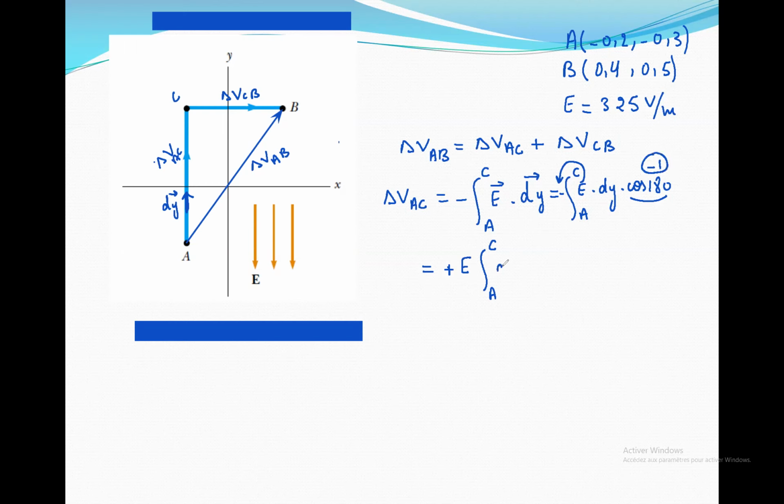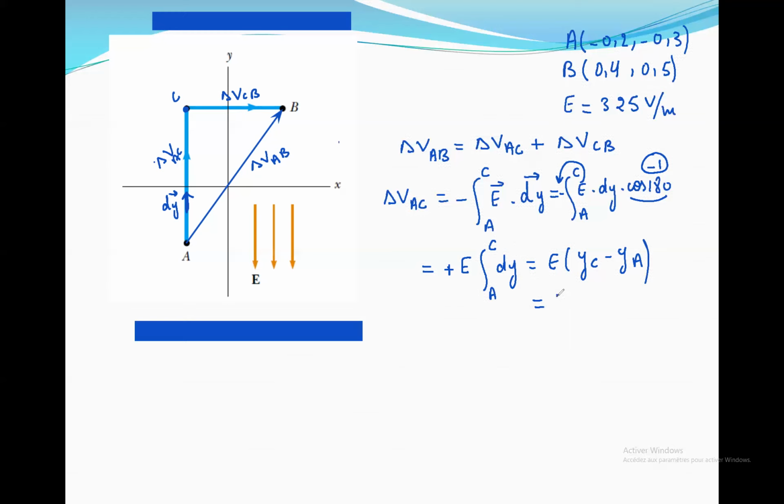E is out. Here we have dy. E times the integral of dy equals y between A and C, which equals y_C minus y_A. Y of C equals y of B, they have the same y. Y of B equals 0.5.